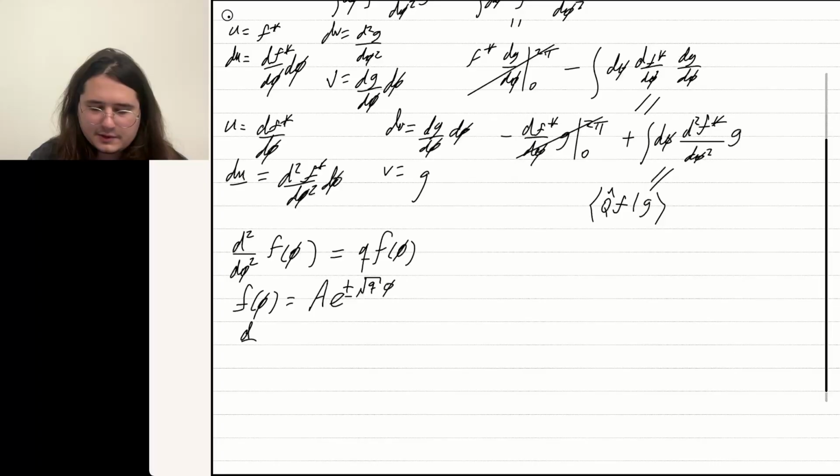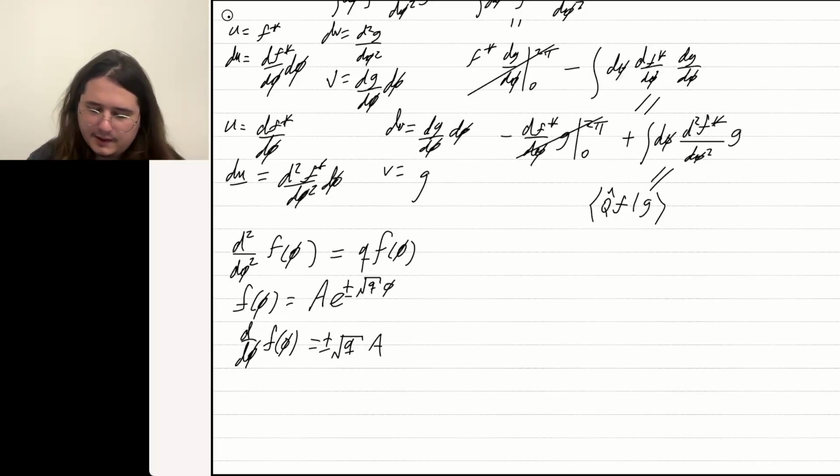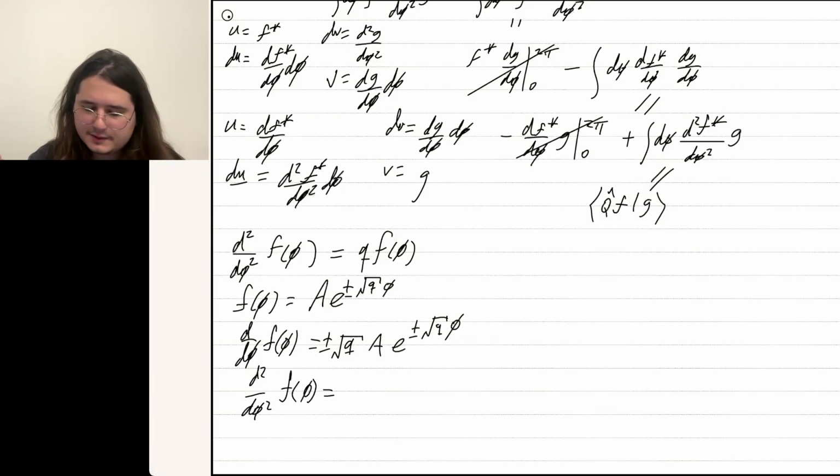If you take the first derivative of f of phi, you would get plus or minus the square root of q times a e to the plus or minus root q phi. If you take the second derivative, you would get plus or minus square root of q, all squared, times a e to the plus or minus square root q phi.